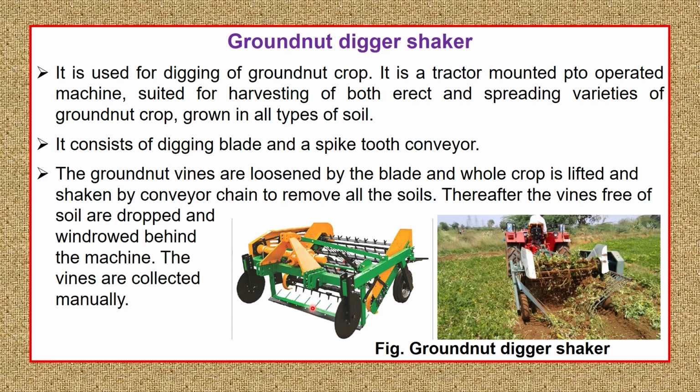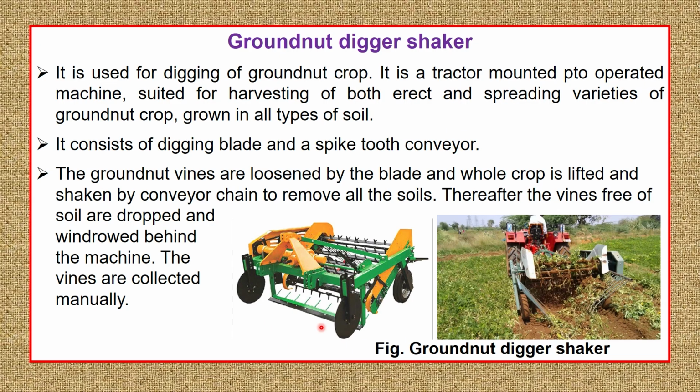So it has a digging blade. The digging blade penetrates into the ground to a depth below the normal depth of the groundnut plant's pods. They penetrate and lift the groundnut crop, along with the pods and the soil around the plant.